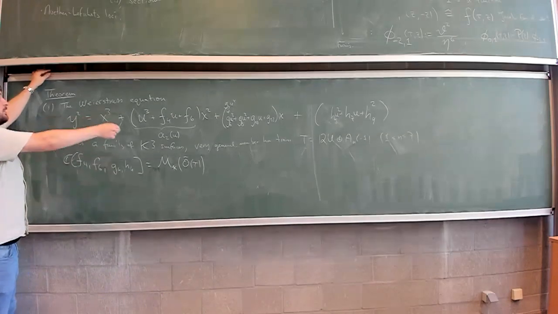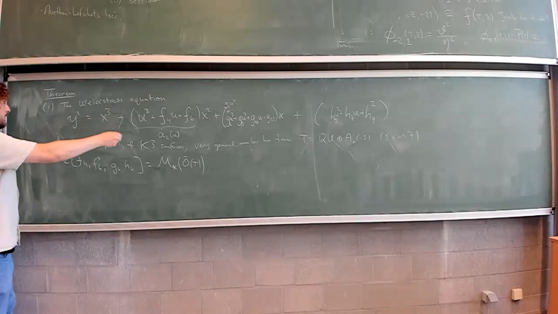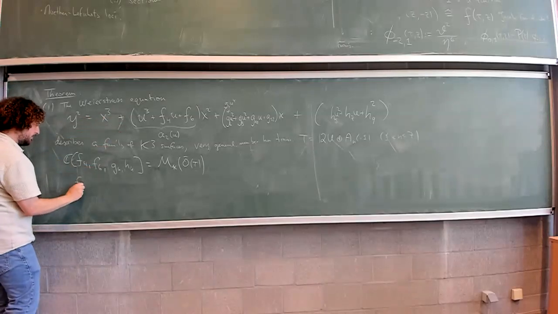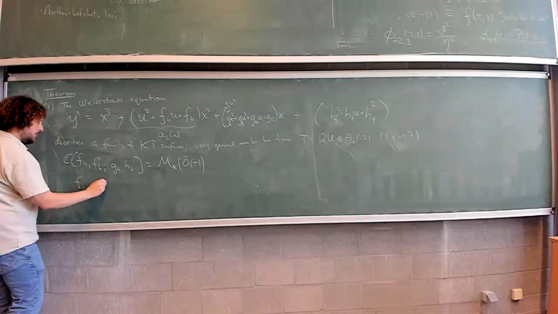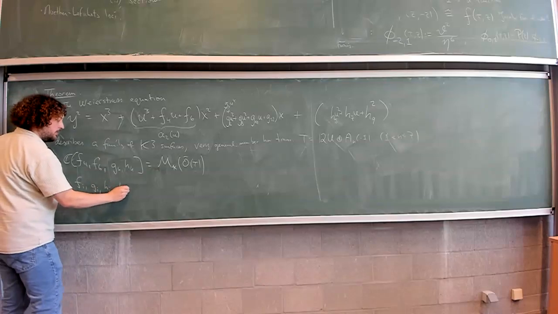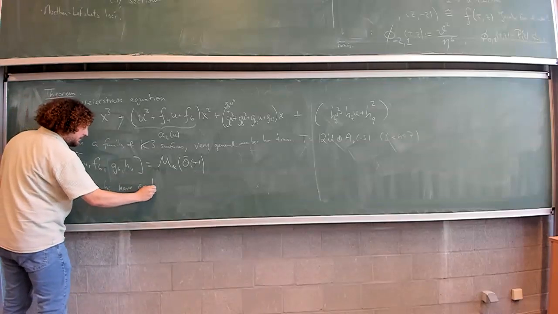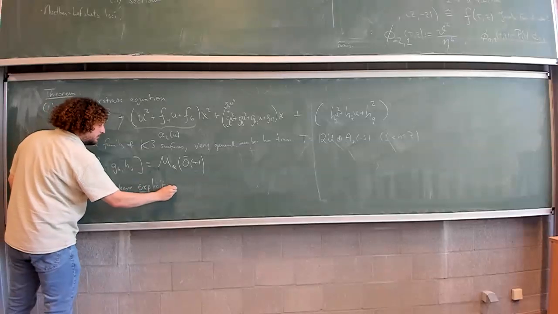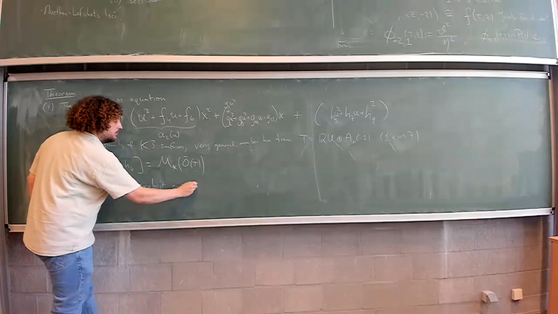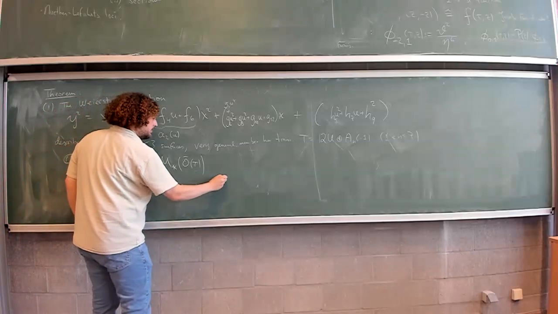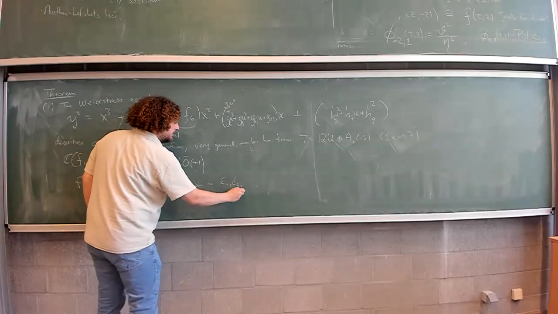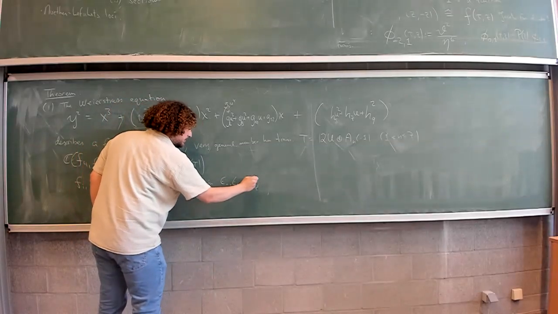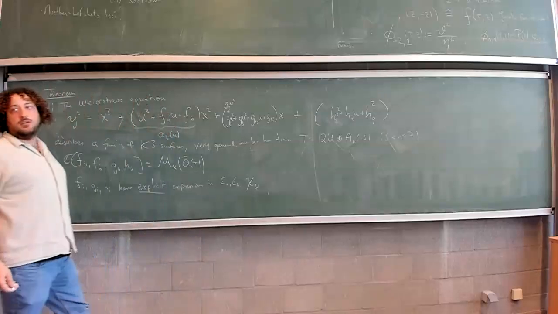And finally, if we get explicit expressions for F4, F6, and all of these coefficients, Fi, Gi, Hi, we can actually write them down in E4, E6 and the generalized Eisenstein forms.